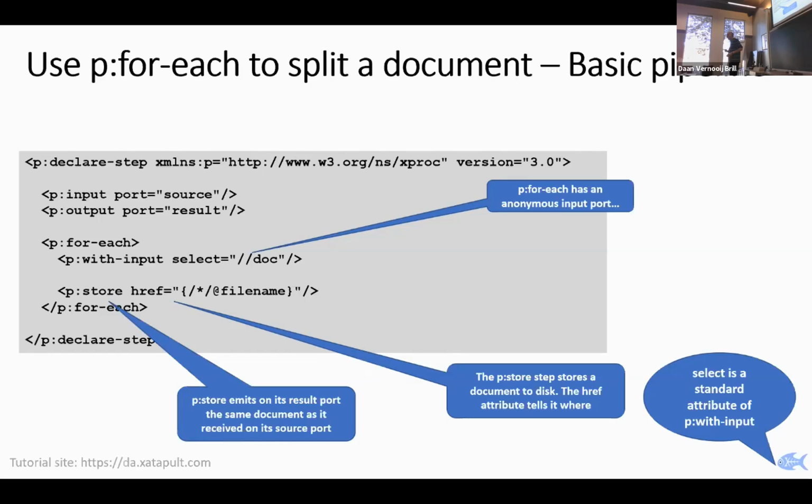And p:store has the nice feature that it emits on its result port exactly the same document as it gets in on its source port. It actually, for Unix users, works as a T command. So you push the document in, same document comes out, and it writes it to disk. That's the whole idea of p:store.